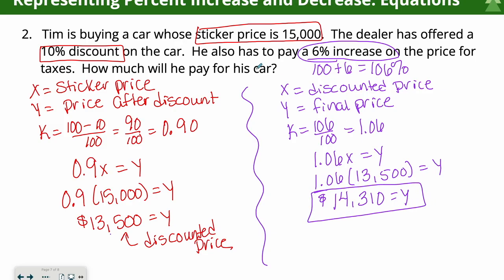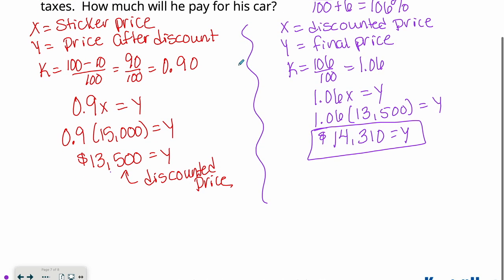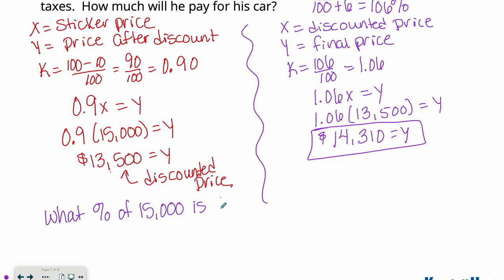Now you might have said, well, if I'm taking away 10% and then adding 6%, isn't that basically like we're paying 94%? Well, let's see. What percent of the original is that 14,000? So what percent of $15,000 is 14,310?